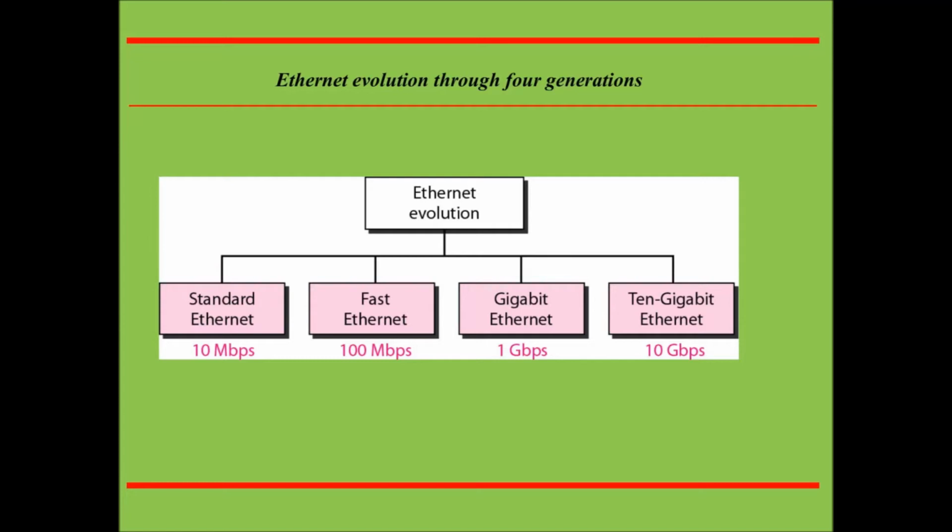In gigabit Ethernet, this is 1 gigabit per second. And in 10 gigabit Ethernet, there is 10 gigabit per second. So nowadays we are going to use high data transmission, and we have to develop the best Ethernet using different standards, best technologies, different devices, and we have to use the best wired or wireless media for best data transmission.